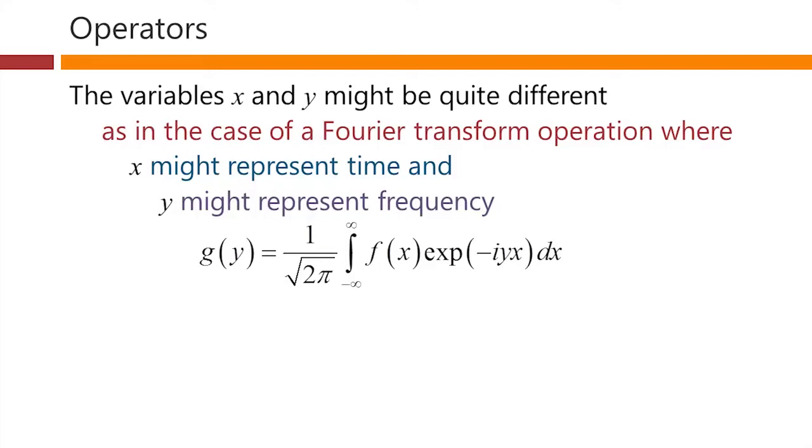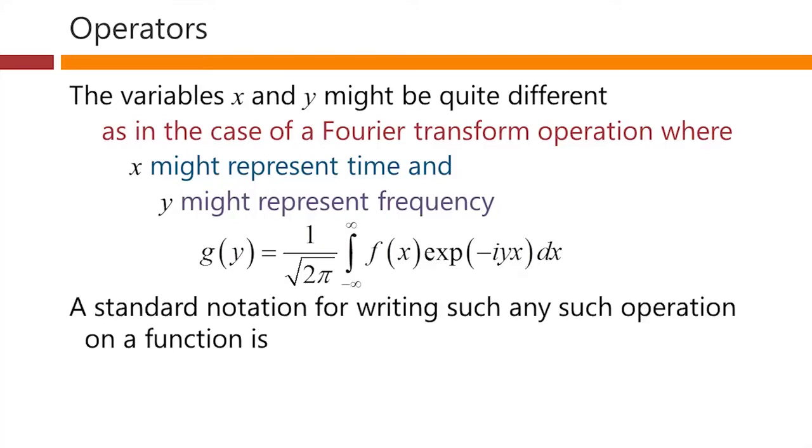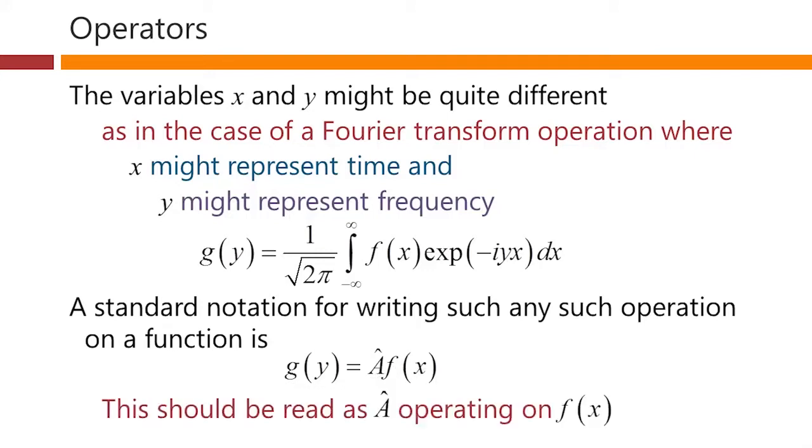And we see that over here we have what might be frequency, y, and over here what might be time, x. A standard notation for writing any such operation on a function would just be to say g of y is equal to A operating on f of x. As I said, we should read this not as a multiplication, but as A operating on f of x.